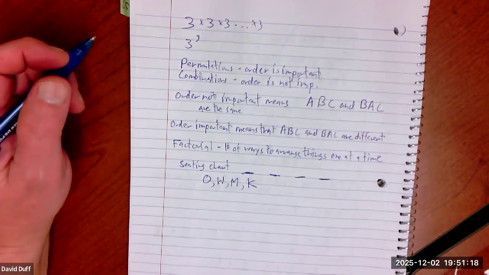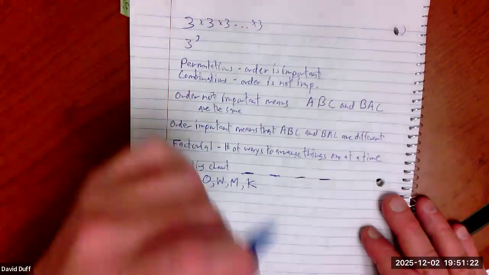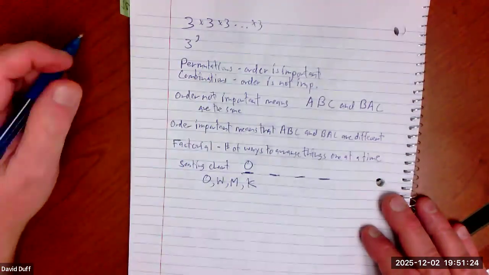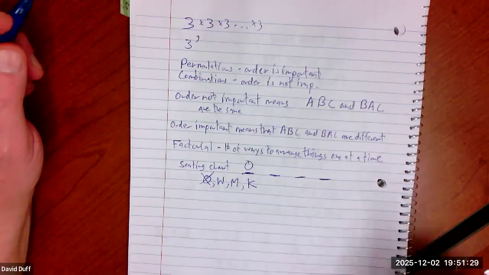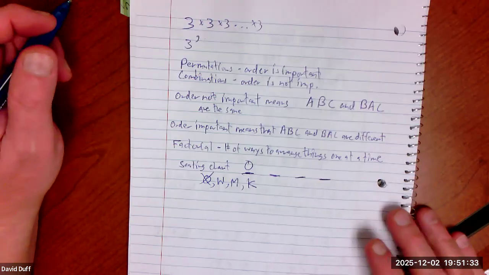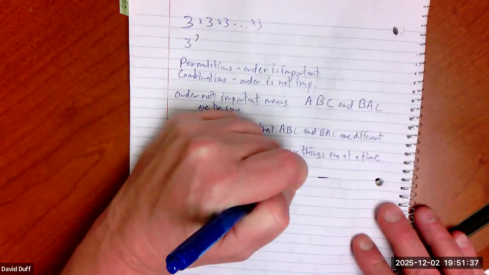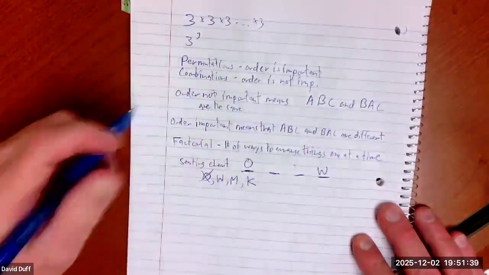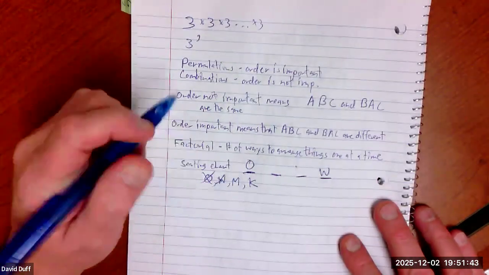Omar gets there first. How many choices does Omar have? 4, right? So Omar's going to sit right there. Omar's handled, all right? Now, Weatherby comes in second. How many choices does Weatherby have? 3, okay? He doesn't like Omar very much. He's actually going to sit way over here, right? And now Michelle walks in.